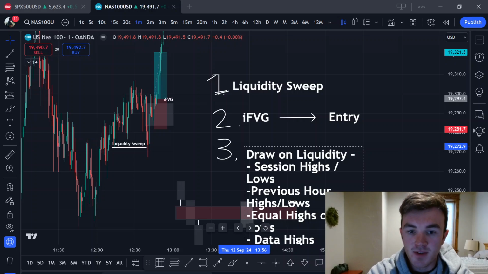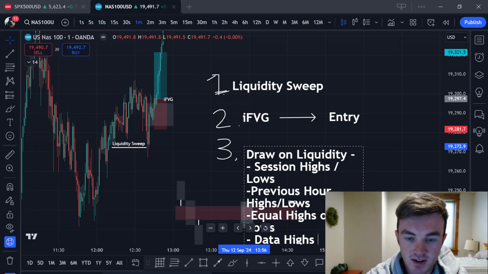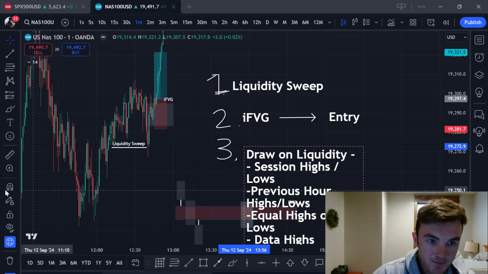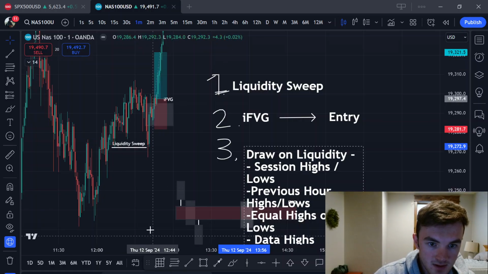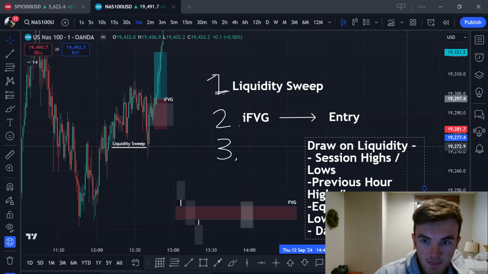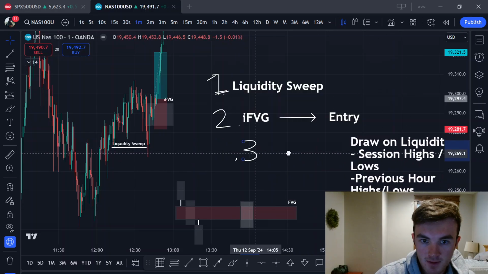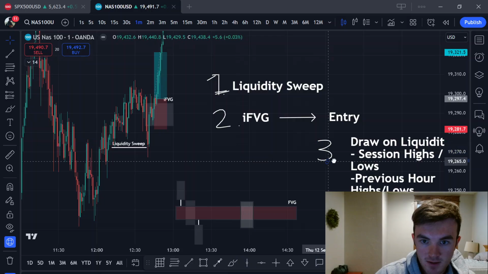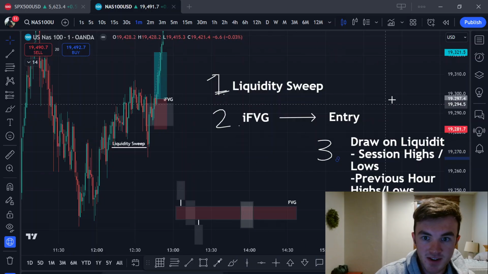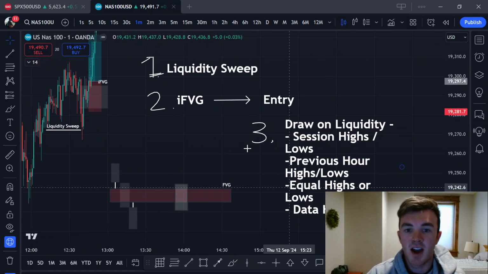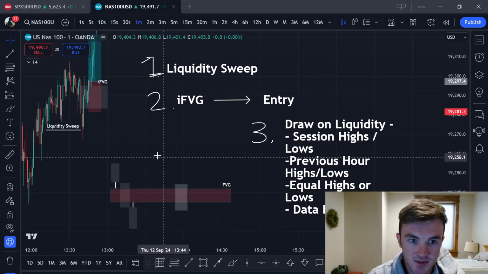Now I'll have more videos on what each of these things are in the future, but essentially all you need to know about a draw on liquidity is it's a significant high or low that is going to be targeted. So you need some kind of draw on liquidity: session highs or lows, previous hour's highs or lows, equal highs or lows, or data highs or lows.